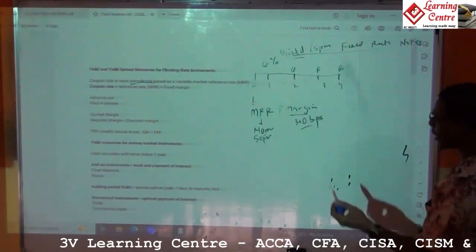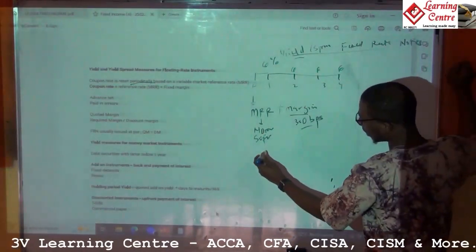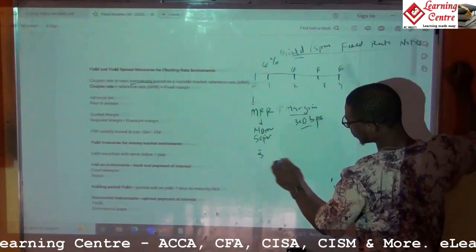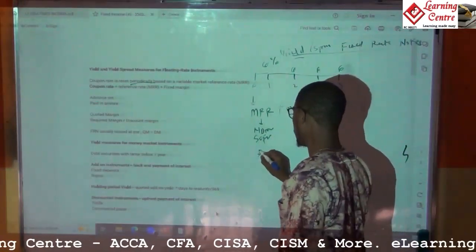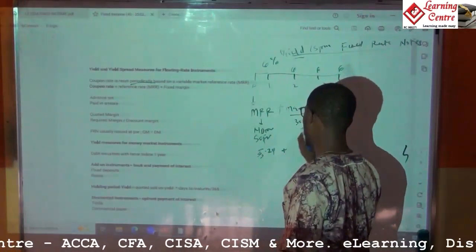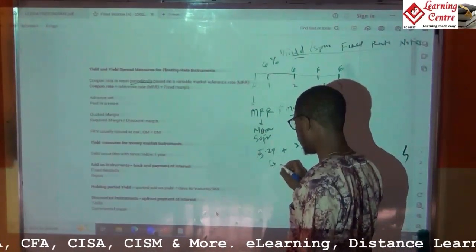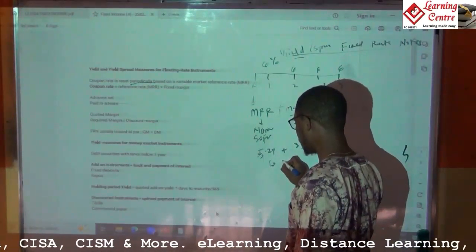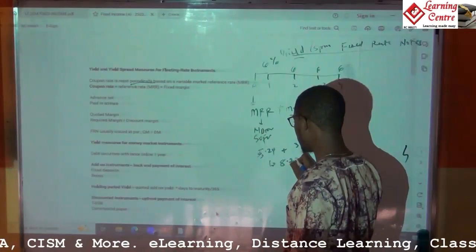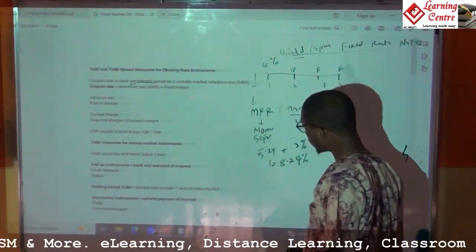Right. So all you would then need to do is to say, what is the SOFR? SOFR is 5.24. This is 3%. So you can calculate your coupon, at least the first year coupon, at 8.24%.